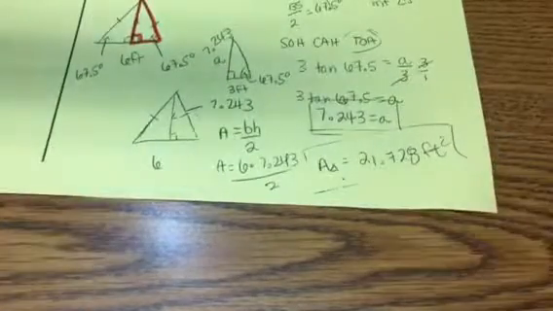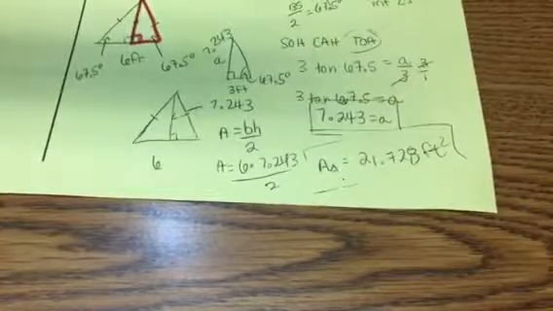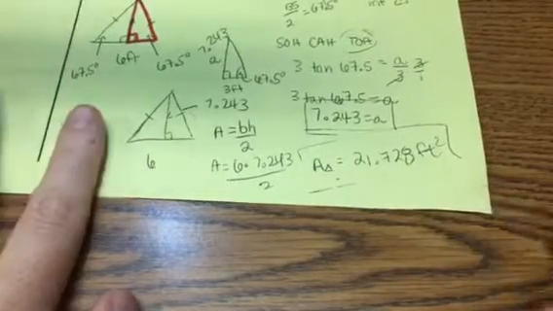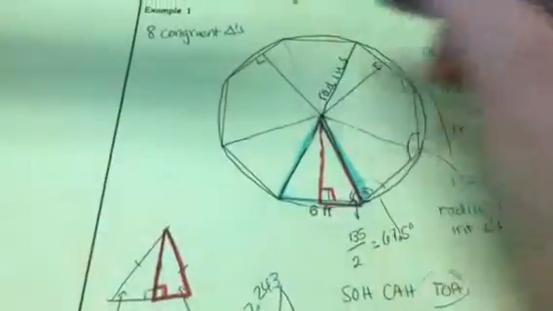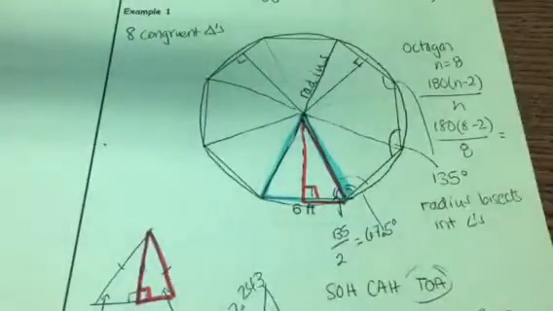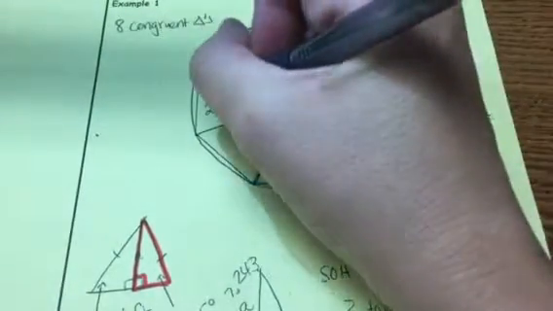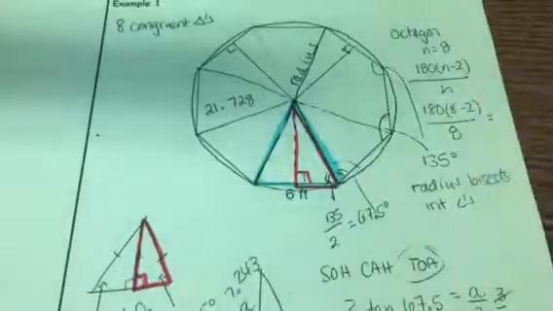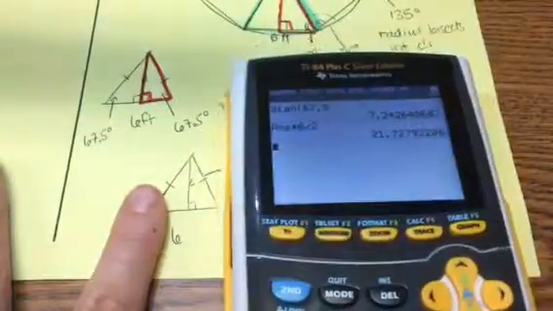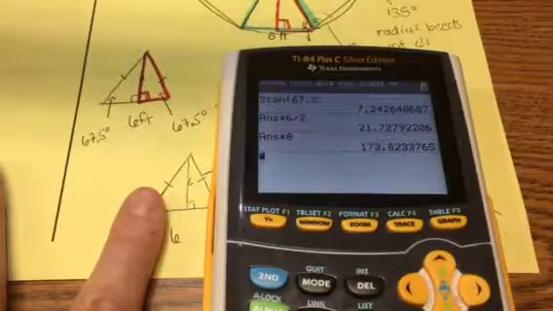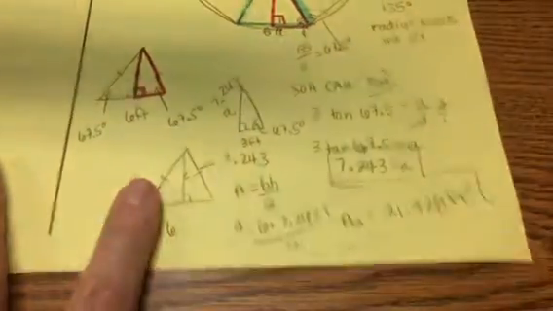So the last step in finding the area of the octagon is to just multiply the triangle area by 8, because each of these triangles formed by the radii, each of them are going to have this area of 21.728. So if we multiply that number by 8, we get about 173.823.